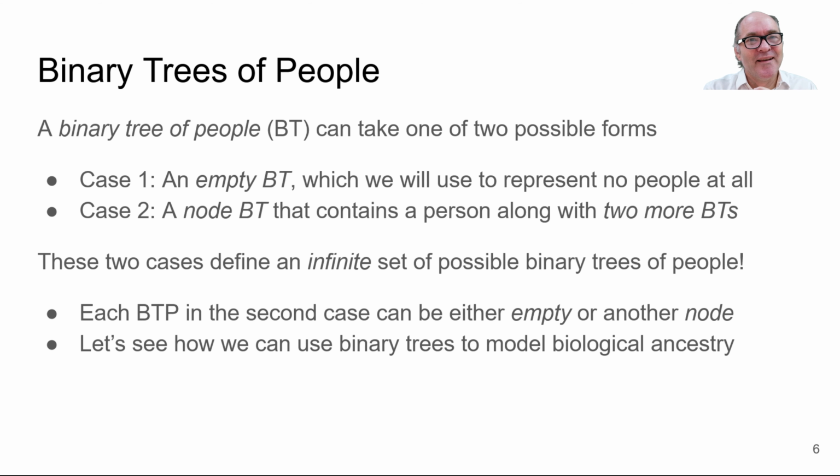Okay? So think about it. These two rules for how you can construct a binary tree as either an empty tree or a non-empty tree that names one person with two more trees below it, that defines an infinite set of trees. That's an infinite set of discrete objects, discrete structures, binary trees.